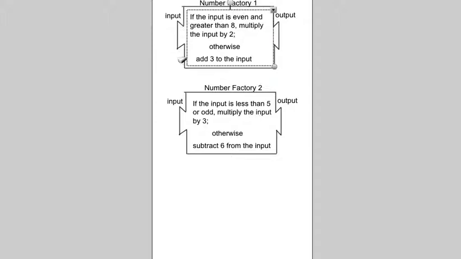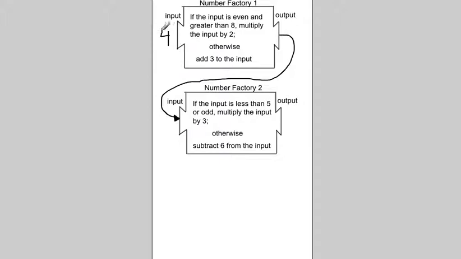If I have number factory 1 and number factory 2, and I put in the input of 4 into number factory 1, then I'm going to directly connect the output of number factory 1 to the input of number factory 2. I don't even really care what the output of number factory 1 is, other than the fact that I'm going to put it in as the input of number factory 2, and then look at my final output after it runs through both machines.